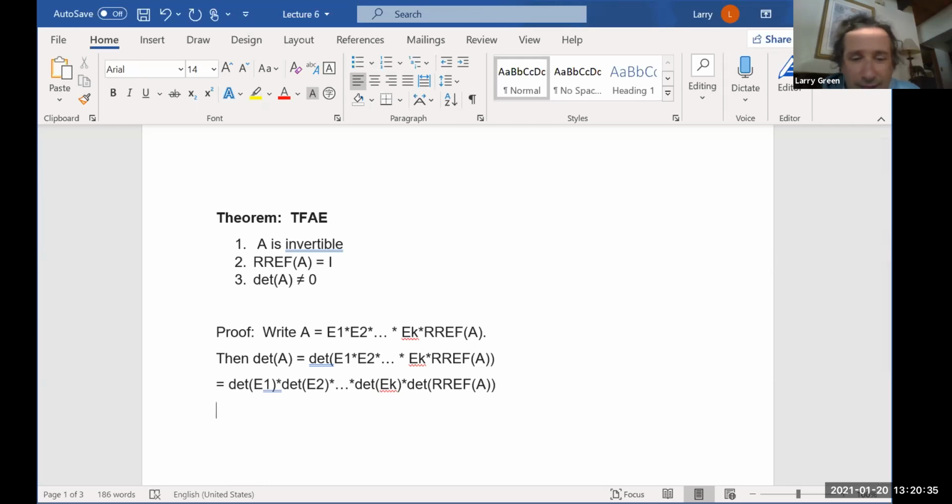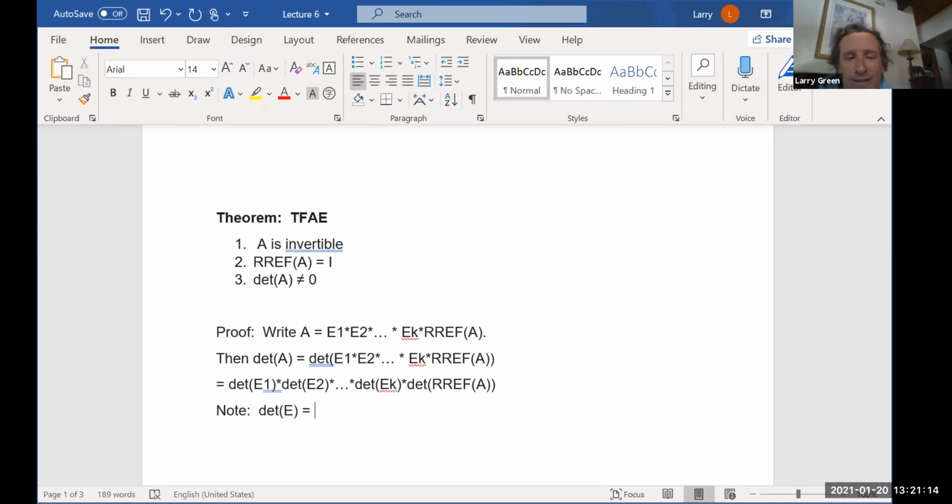All right, now we've got to look at this and analyze it. Do you remember what the determinant of an elementary matrix was? Not always the same thing, but what were the possibilities? I'll just write determinant of E. So if you have an elementary matrix, there are three things.